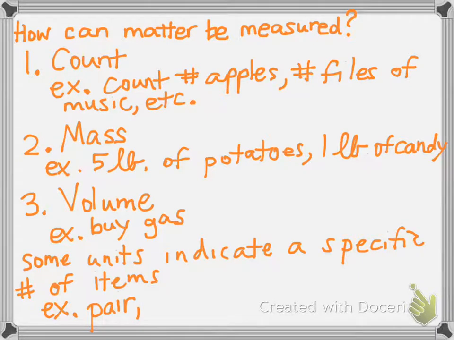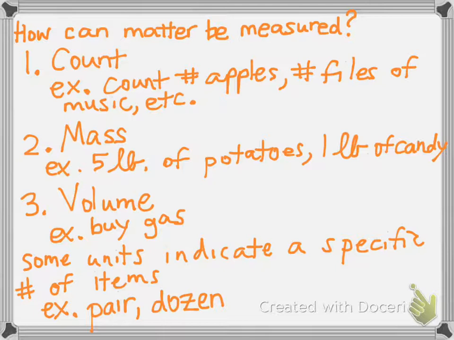Another example, again, going to the grocery store, you often buy eggs by the dozen. Meaning, when you open up that carton of eggs, you expect there to be 12 eggs. Okay, so we know that dozen is another example of a unit that indicates a specific number. Even have baker's dozens, right?